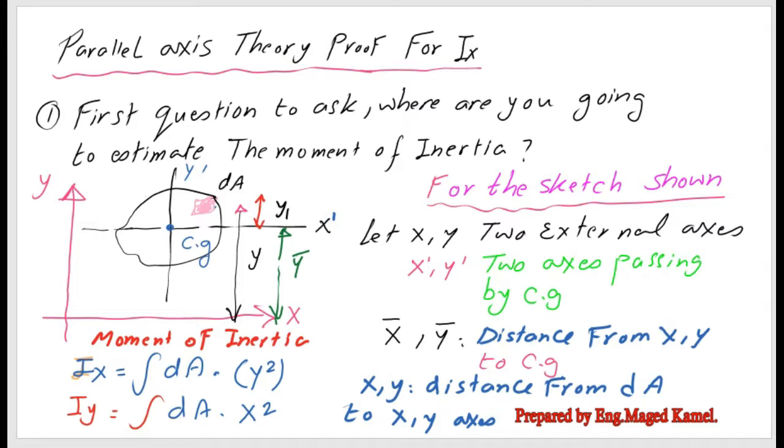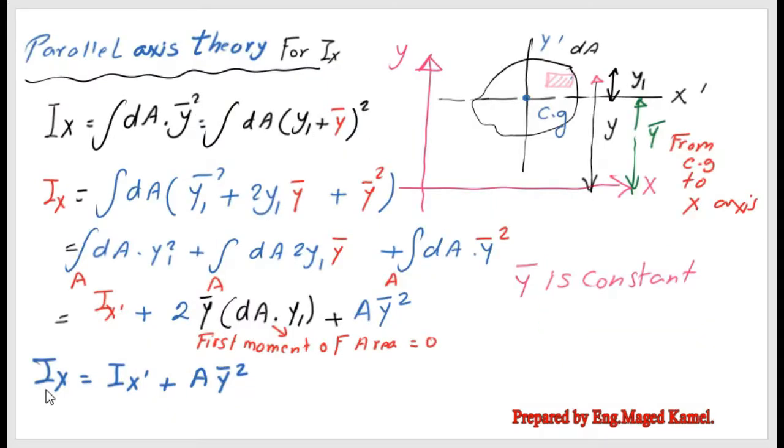If we write Ix equal to the integration of dA multiplied by this big distance y squared, it can then be equated to (y1 plus y bar) squared. And if we estimate Iy, the moment of inertia about the y-axis, we integrate dA multiplied by x squared, as we are going to see.